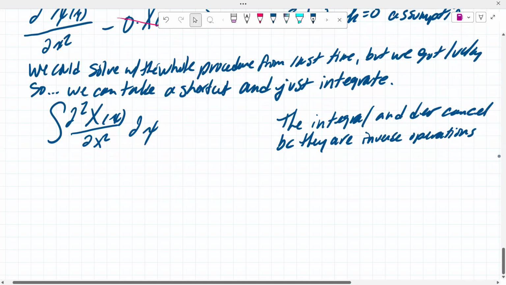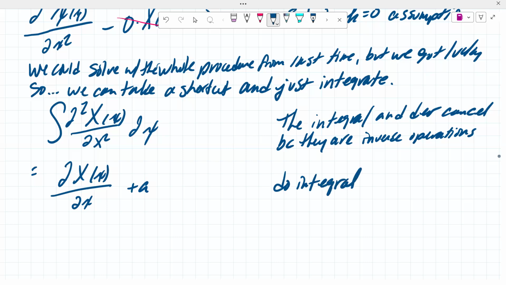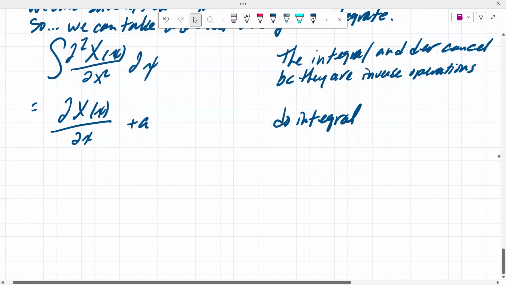So that's going to be equal to dX of x over dx plus a. This is your integration constant. Okay, then we are not done yet. We just did the integral. Now the next thing we're going to do is take another integral.